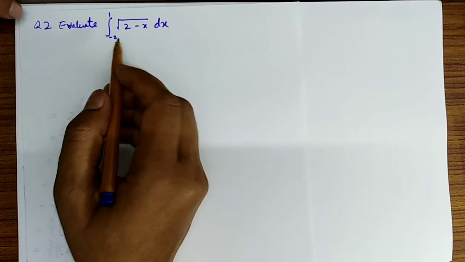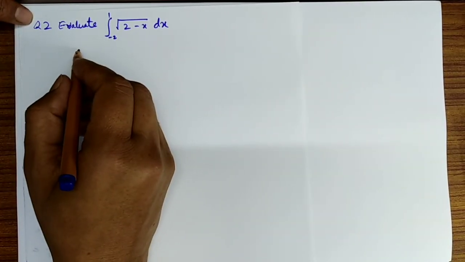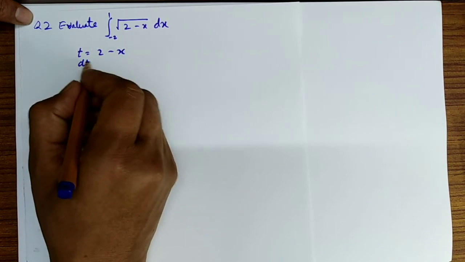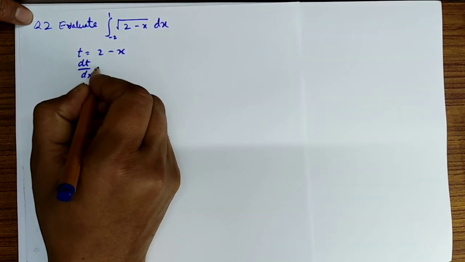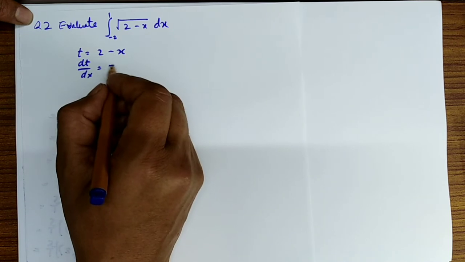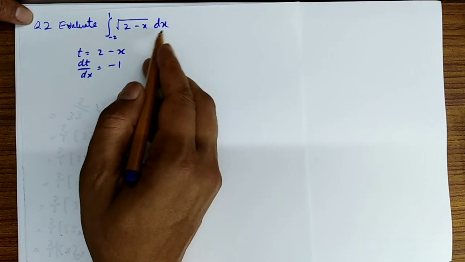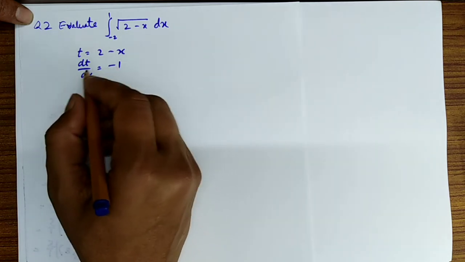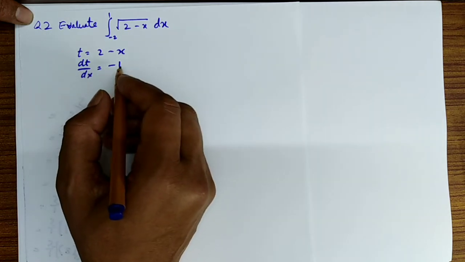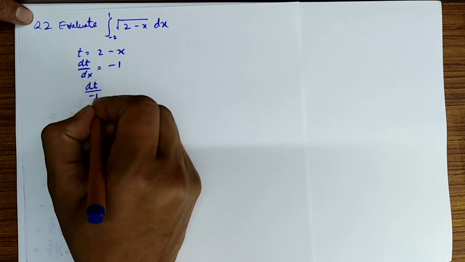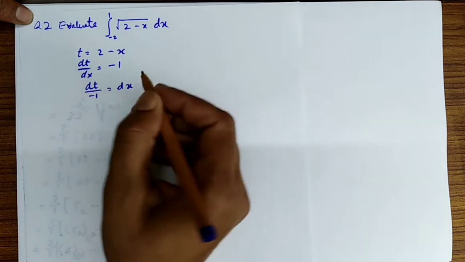Okay, now solving this question, let t equals 2 minus x. dt upon dx will give you minus 1, and to get dx I'm going to take this minus 1 on the other side, that will give me dt upon minus 1, and that is dx.